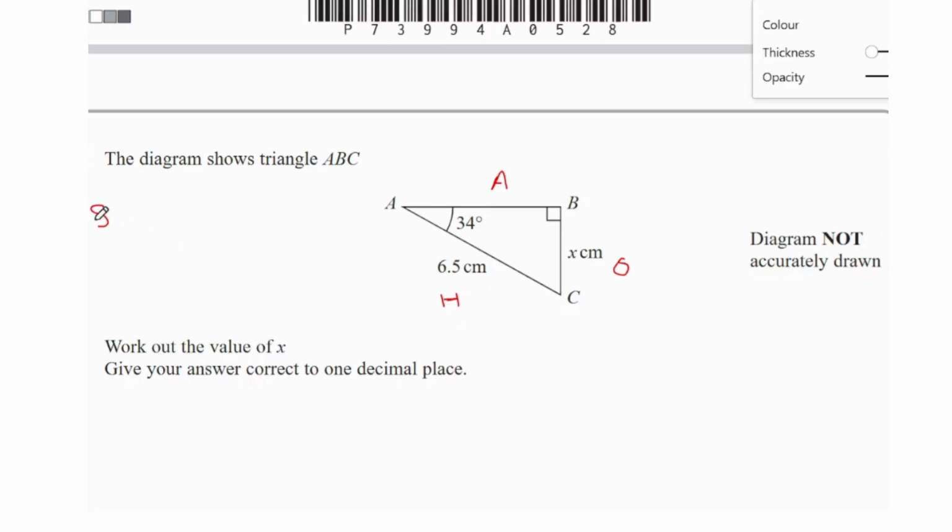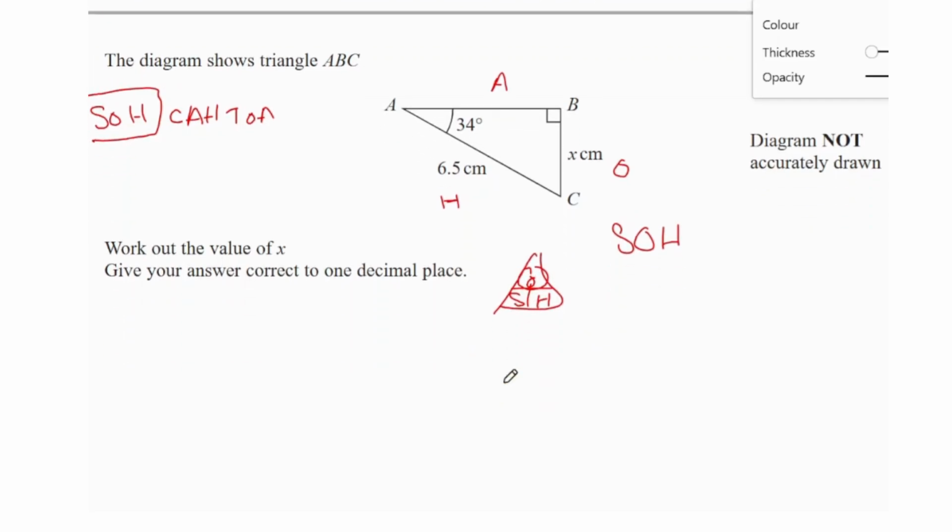Let's see which ratio we're going to use. SOHCAHTOA. So we need O and H. So O and H is this ratio, S, O, and H. What we're looking for is O. So we're going to multiply sine 34 times the hypotenuse, which is 6.5.